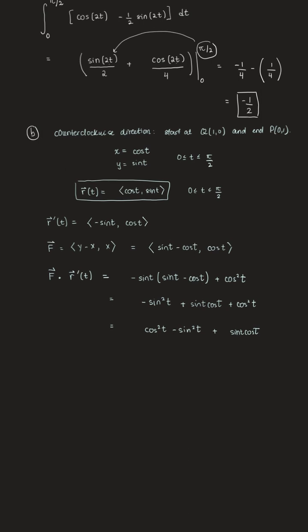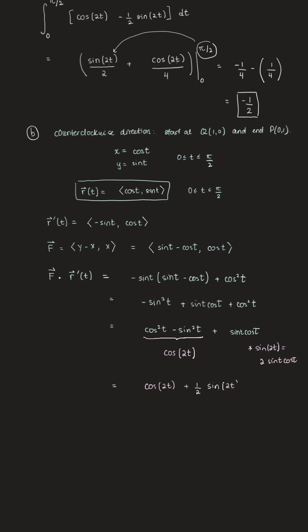So our first identity is the same as before. This is actually cosine of 2t. And here I'm using the identity that sine 2t is equal to 2 sine t cosine t. So what we have is half of that. So we can write this as cosine 2t plus 1/2 sine 2t.